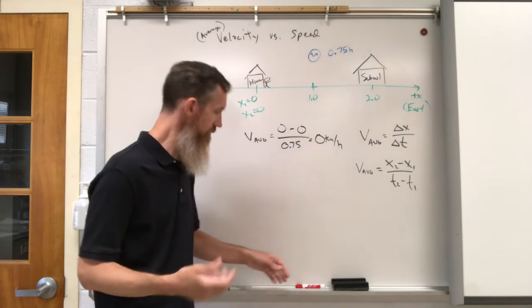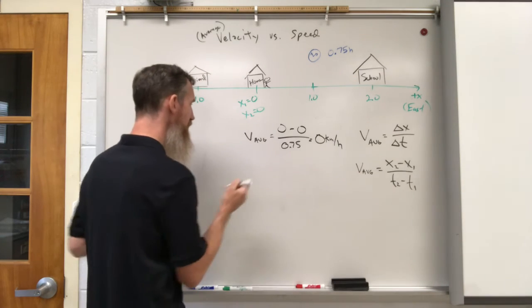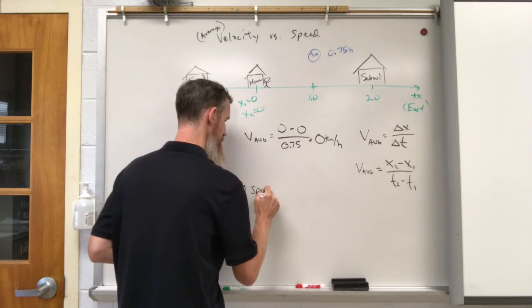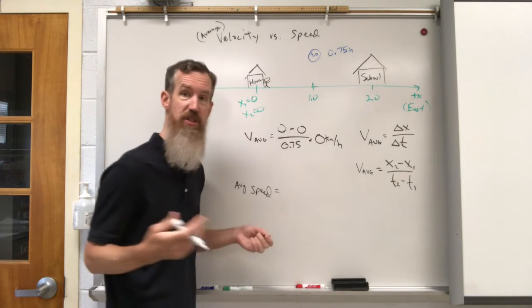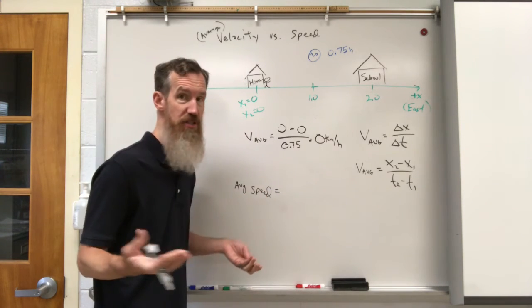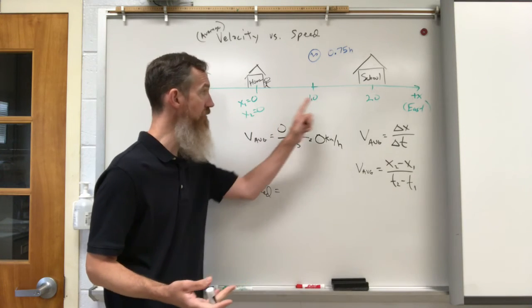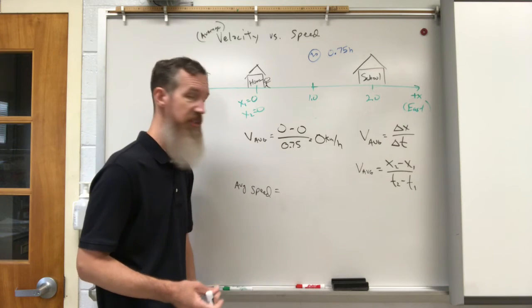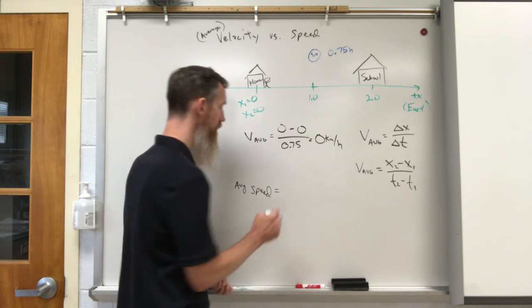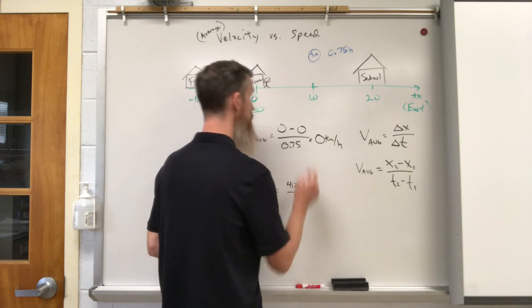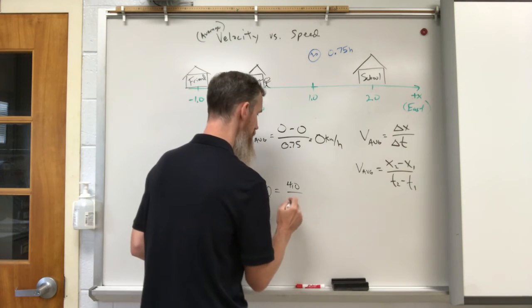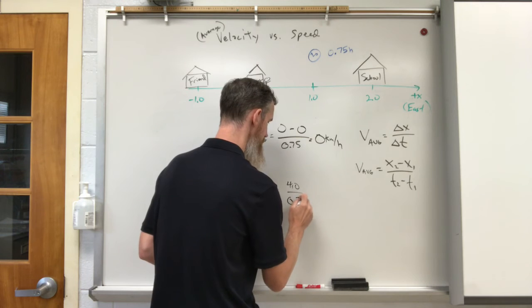Now that's different than average speed, because in average speed, remember, it's just about the pathway. Well, we did travel 2 meters, then 2 meters more. It's independent of the direction. So we went a total of 4 meters, 2 plus 2. And we took the 0.75 hours to do that.